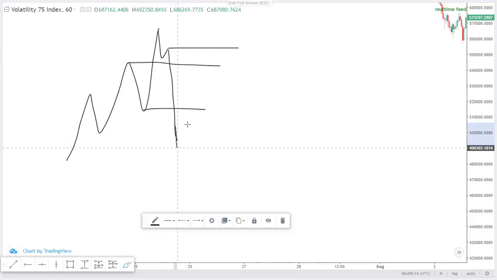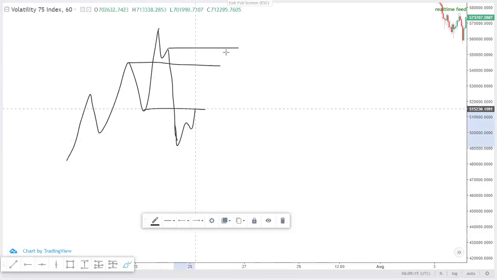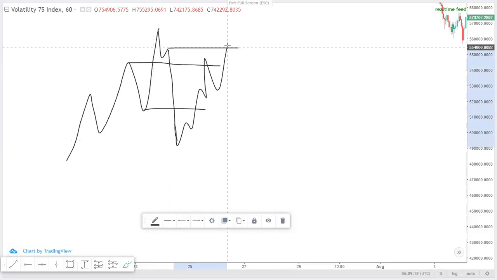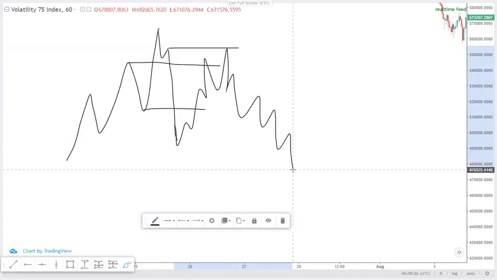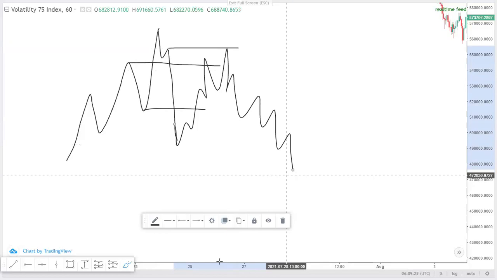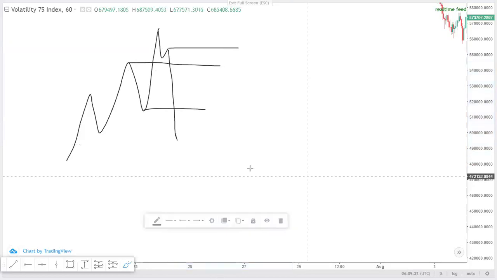So price will reverse and come to retest our invalidation X. Then price will continue making a series of lower lows. That's an example of an uptrend.